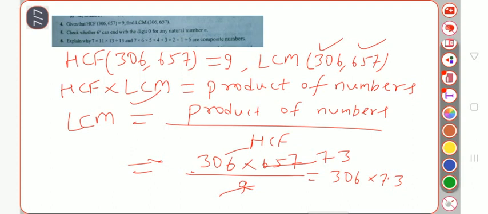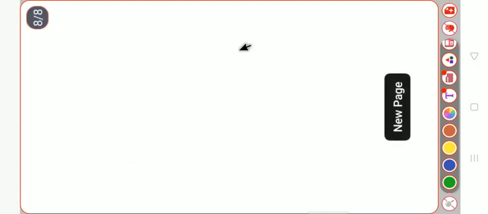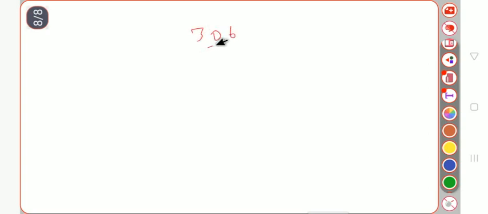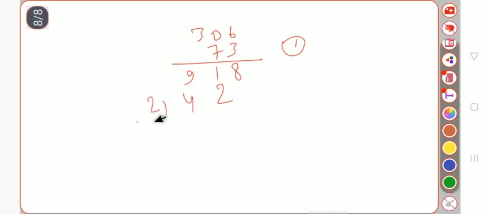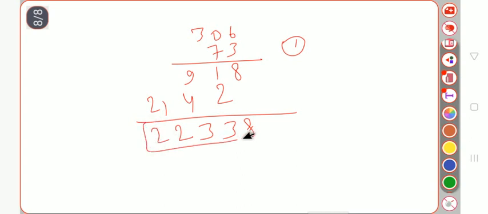That is the answer. 6 threes are 18, 1, 0, and so on, multiplying 306 by 73. So what we got as LCM? 22338. This is the required answer.